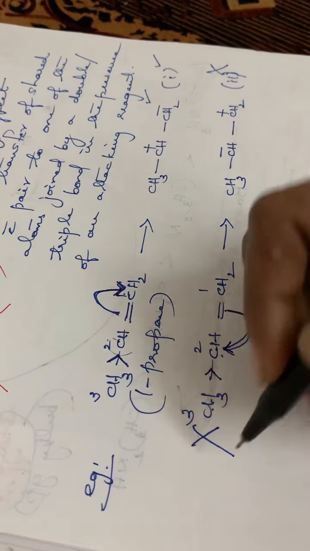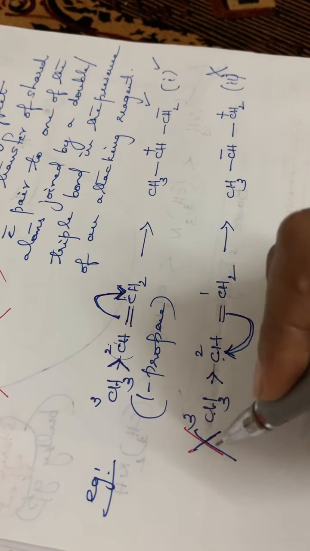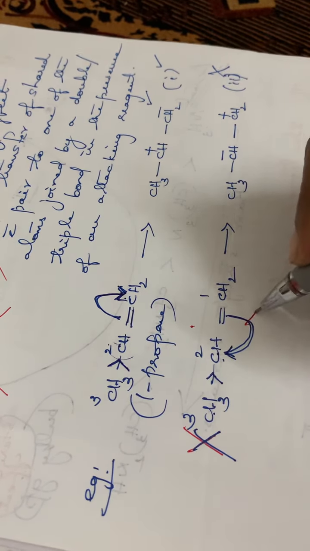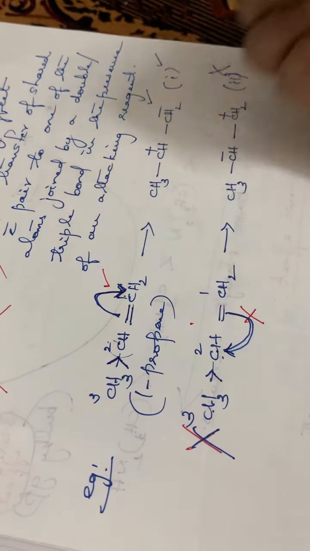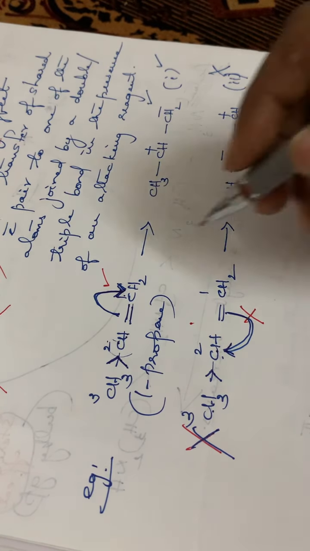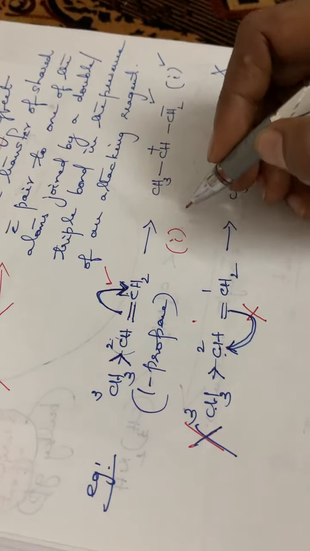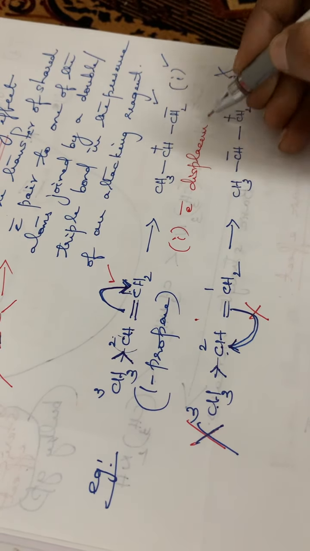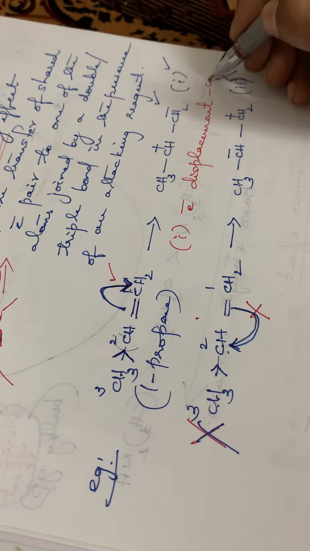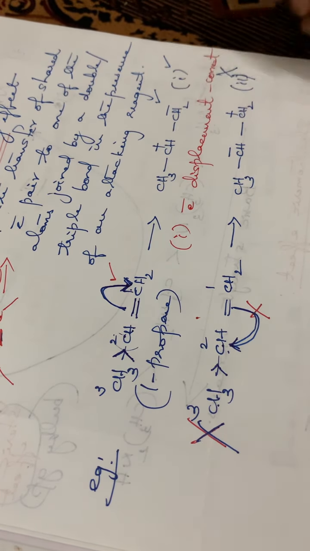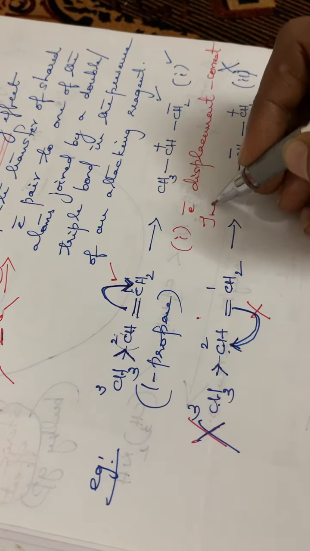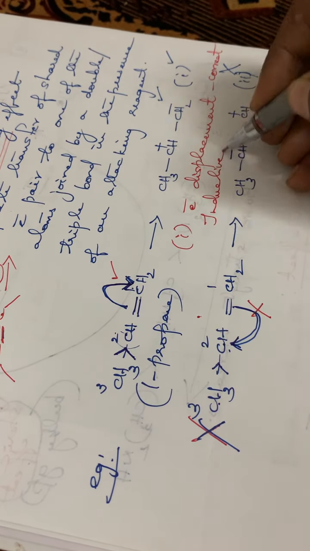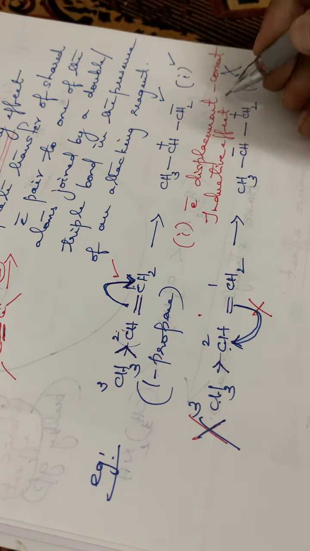So this electron shift will not take place, but this type of electron shift will. So the first electron displacement is the correct one. The second one will not take place since an inductive effect is operating due to the presence of the methyl group.